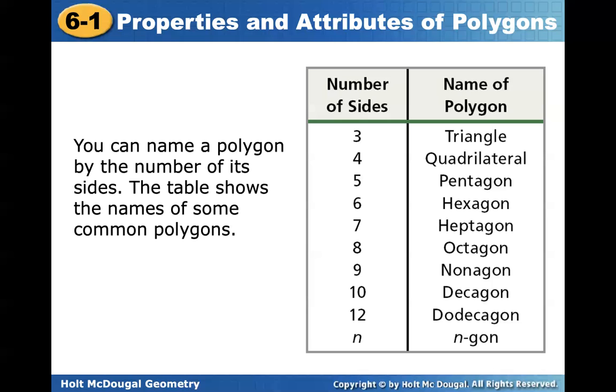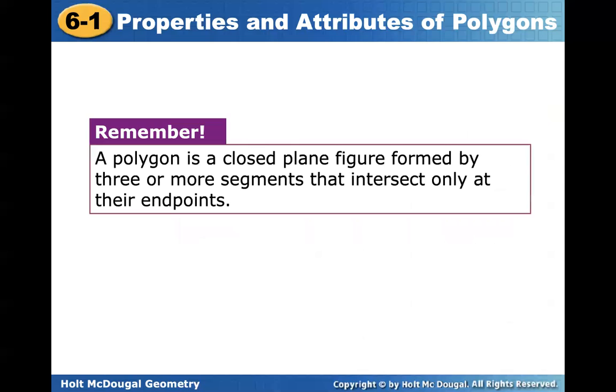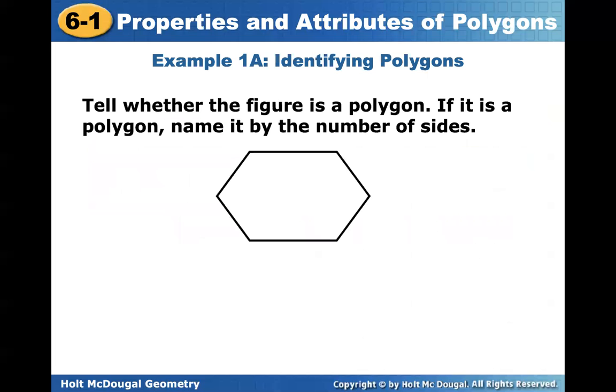And we'll learn some stuff about polygons that will make things easier, and we won't have to deal with their numbers quite as much. So a polygon is a closed plane figure formed by 3 or more segments intersecting only at their endpoints. They can't go past the vertex. They can't be open, and they can't have rounded sides, and they have to be 3 or more.